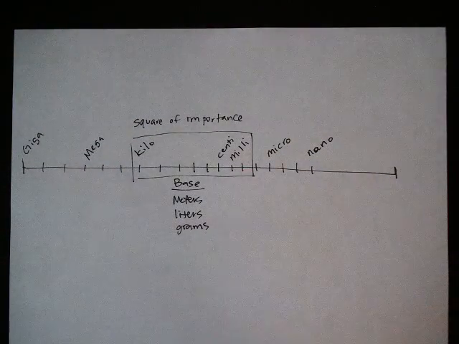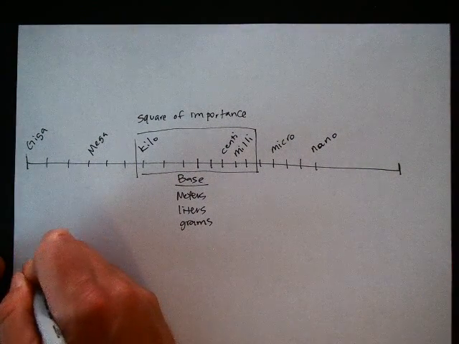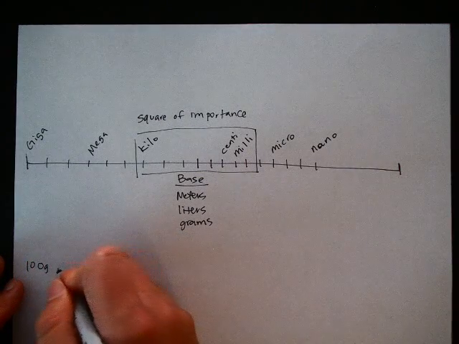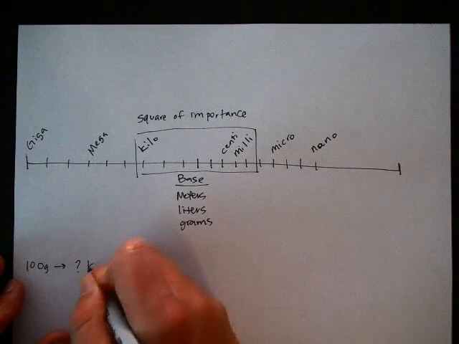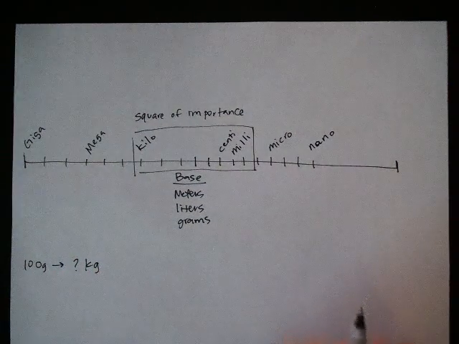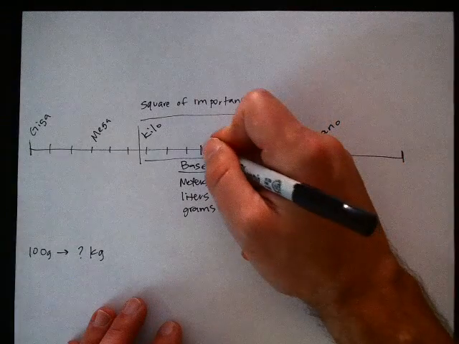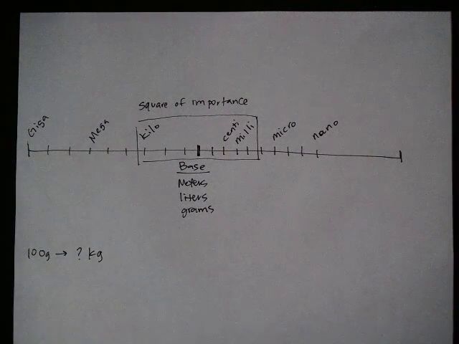So how do you use this? Well, the number line works like this. If you wanted to convert, let's stick with grams, let's say 100 grams, and I want to know how many kilograms that is. So I'm starting here at the base unit, which I should really make a bigger line.